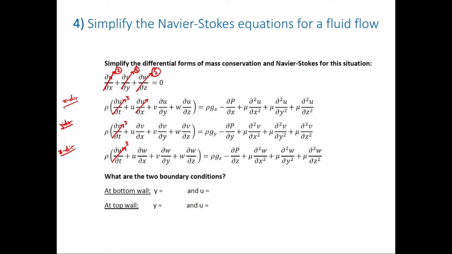We said it was fully developed. So that is number 2. We said there is no velocity in the y direction or in the z direction. So this can be canceled from 5.